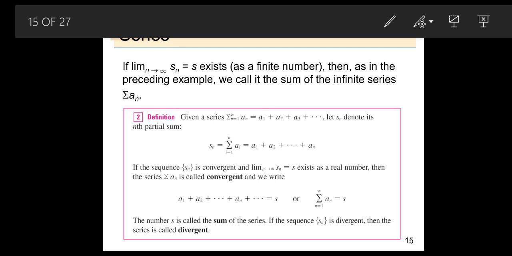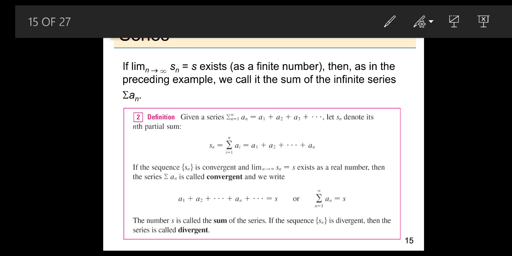Understand? If the sequence Sn is convergent, and the limit as n goes towards infinity of Sn is equal to S, which exists as a real number, then the series sigma a sub n is called convergent, and we will write it as a1 plus a2 plus a3 up to an up to infinity is equal to S. And this would be the notation of this particular equation.